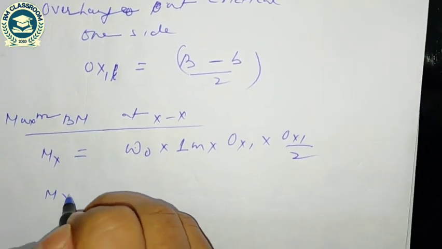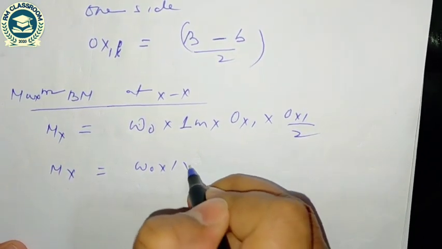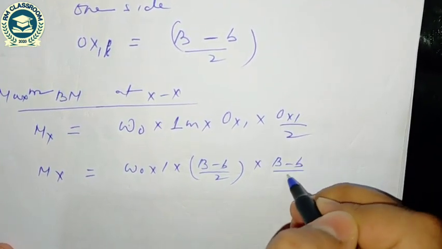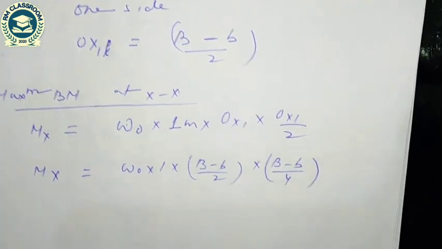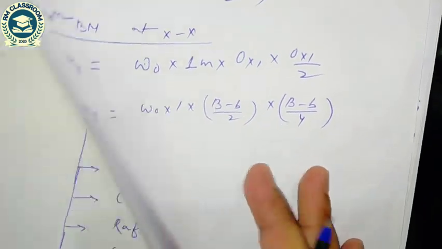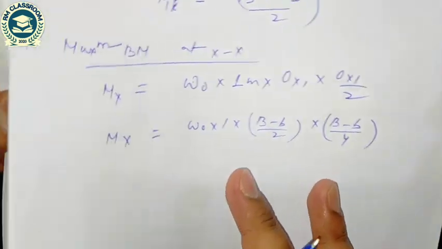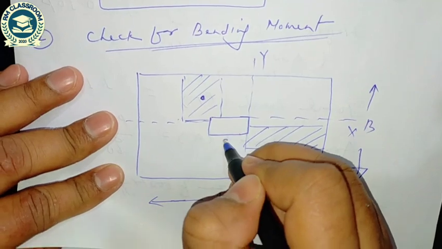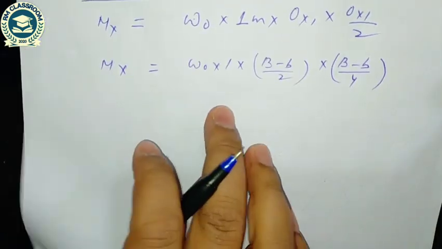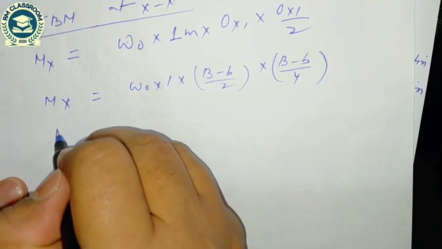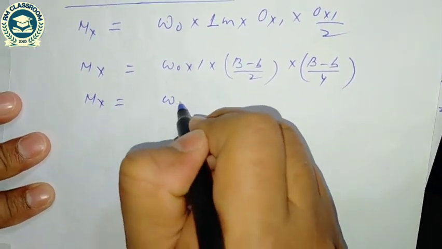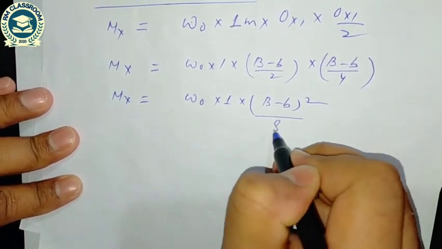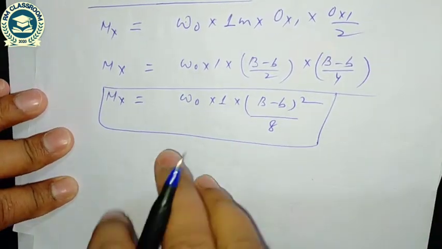So moment about XX is W naught into 1 into B minus b by 2 into B minus b by 4. If the size of the column is a and b, then moment about XX is W naught into 1 into B minus b whole square divided by 8. So this is the moment.